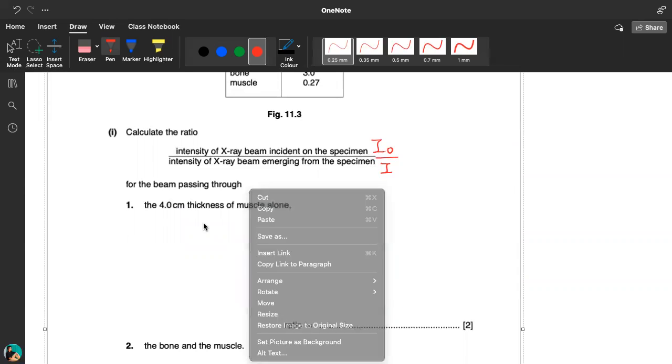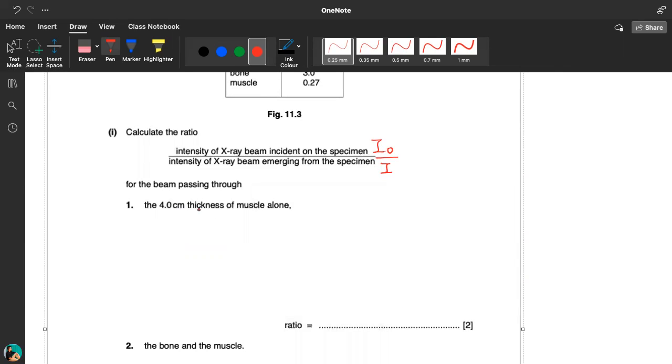All right, so we do the calculations. One is for the muscle alone. So for the muscle alone, we have I equals I naught e to the minus mu x. For the ratio, you just bring this over here: I over I naught equals e to the minus mu x, since it's just one medium. You only pass through the muscle. So this one is 0.27.